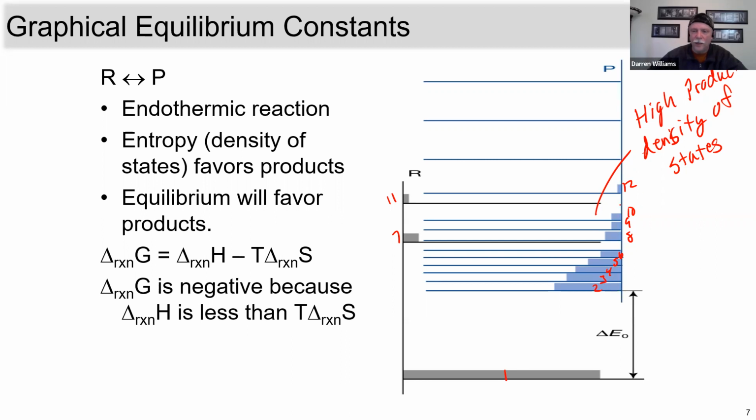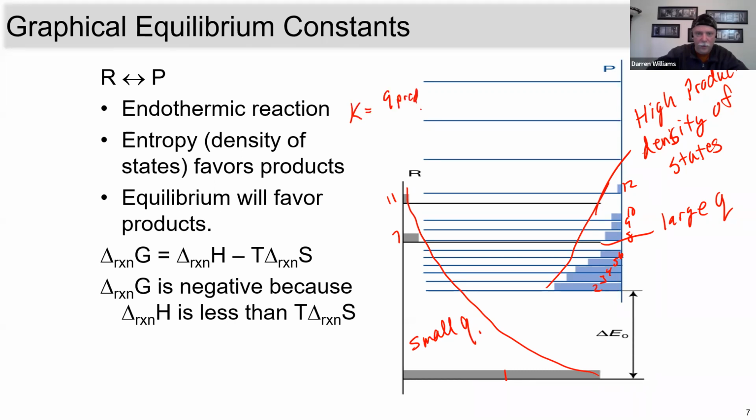So notice how all of these are on the product side because there's just more energy levels on the product side. Then if we calculate Q, this is a small Q, and this is a big Q. Okay, so we have a large Q on the product side and a small Q, even though we have this really large one in the ground state. And so we would have K is equal to Q products over Q reactants. And this one is greater than 1 because we have such a large product Q.